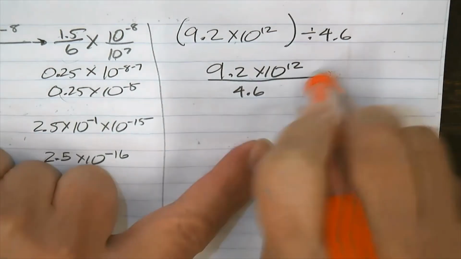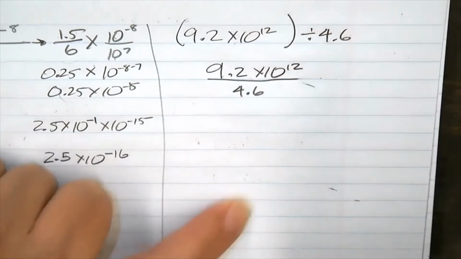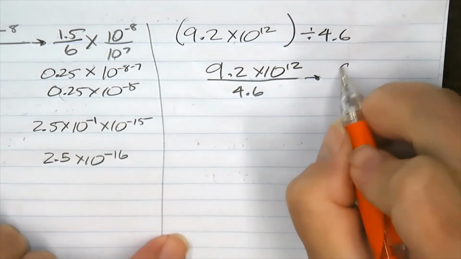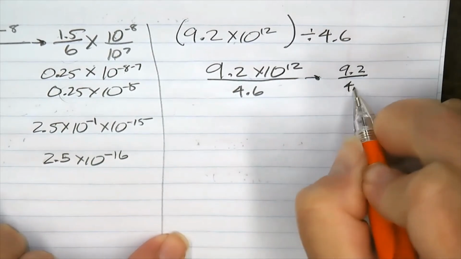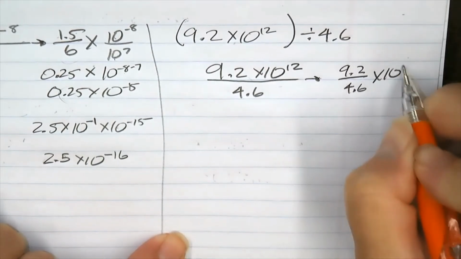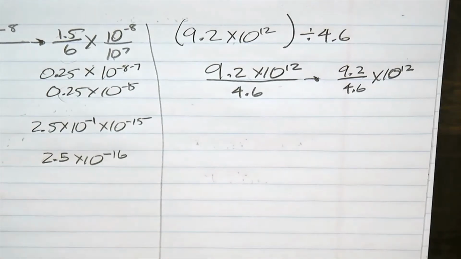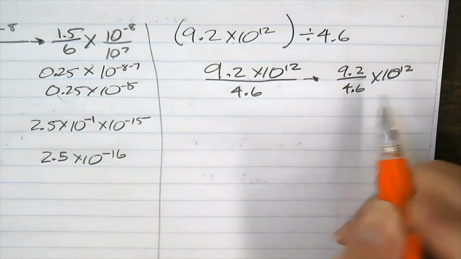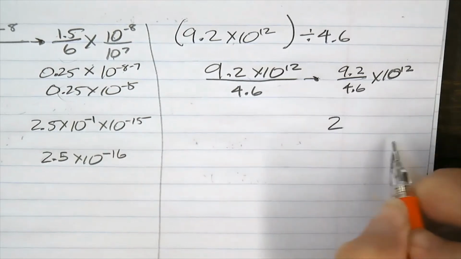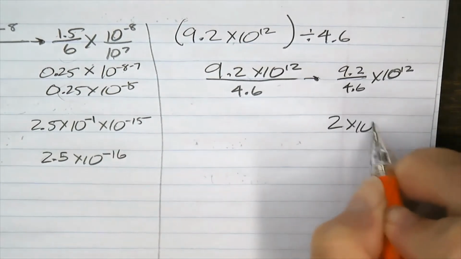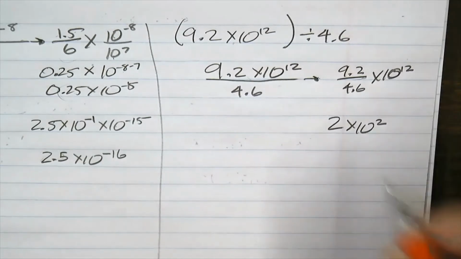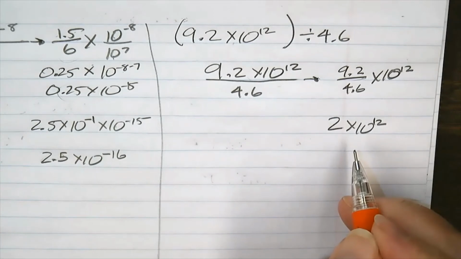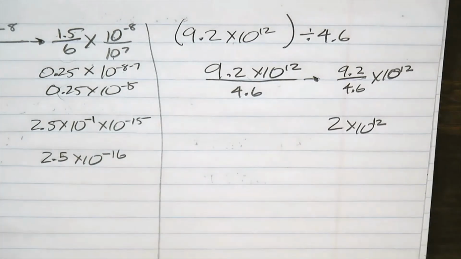So here, I can even rewrite this again to make it a little bit easier to work with. 9.2 divided by 4.6 times 10 to the 12th. Okay, so 9.2 divided by 4.6 is 2 times 10 to the 12th. And since that's already in scientific notation, we're done.